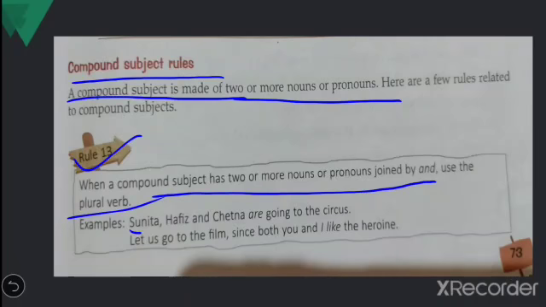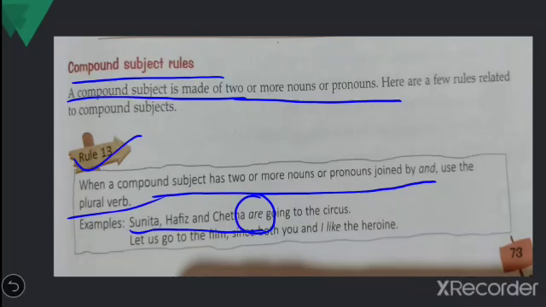Sunita, Hafiz and Chetna means three persons, so that shows a plural form of subject. That's why the verb also will come in plural form, are. It's known as a compound subject, which is joined by the word and.